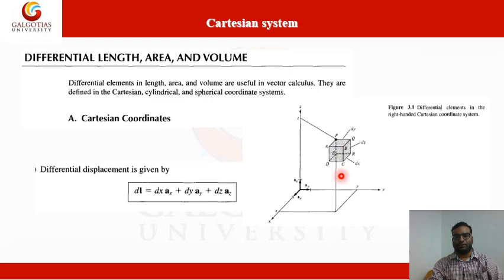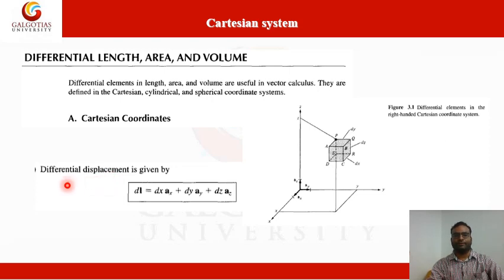This face is in the y direction, this ABCD is in the x direction, and this uppermost part is in the z direction. Here it is written as displacement, but we can also call it length.